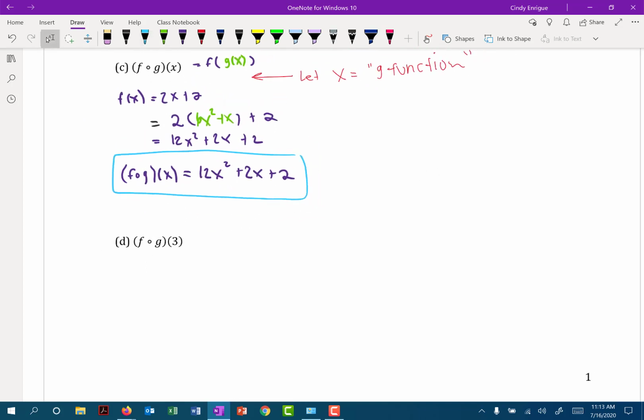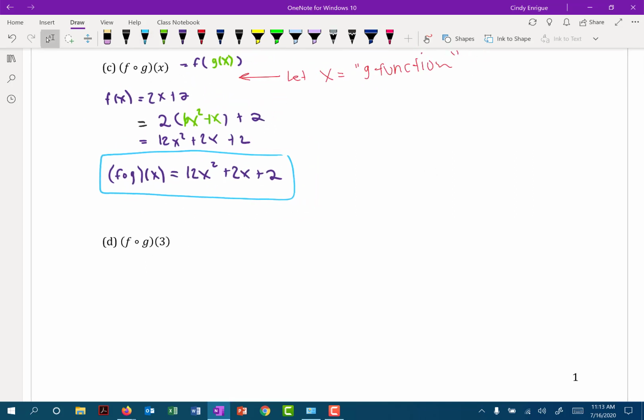For part D, they want us to use composition again. I have my f of x value, and what I'm putting into there is going to be my g value when I have 3. I'm going to plug in 3.